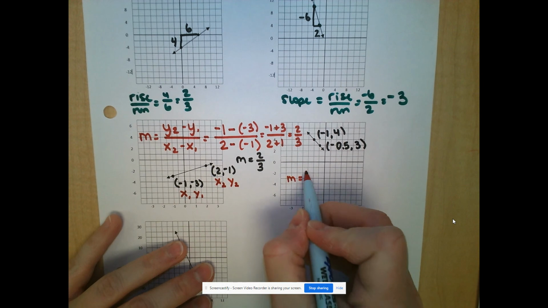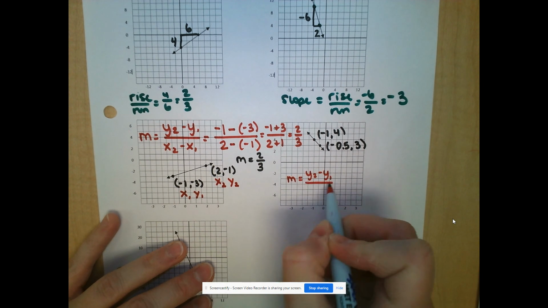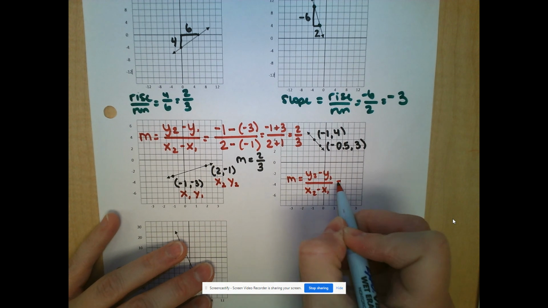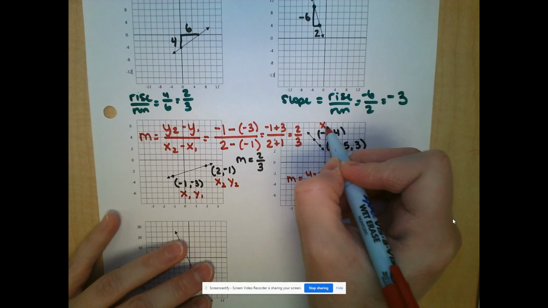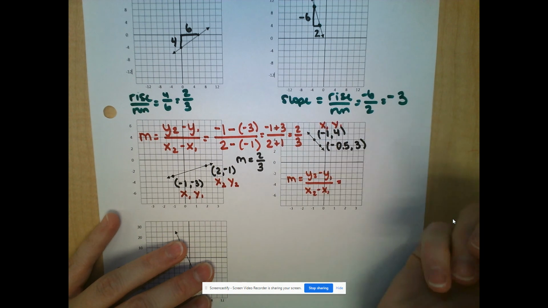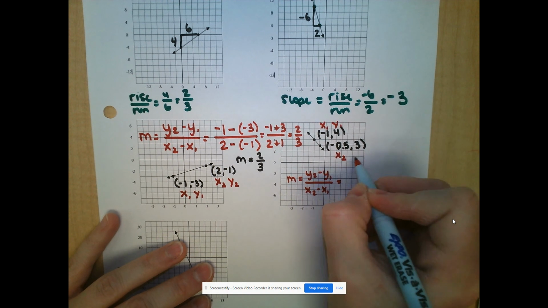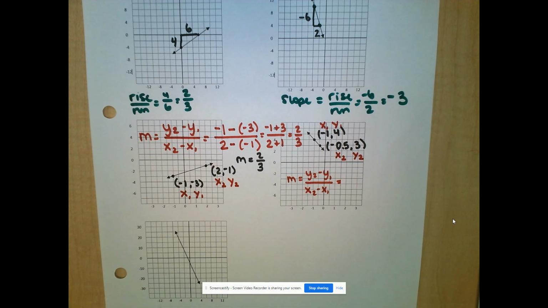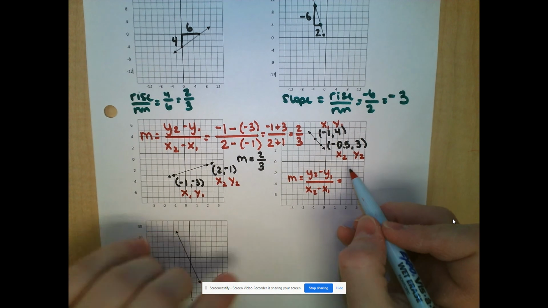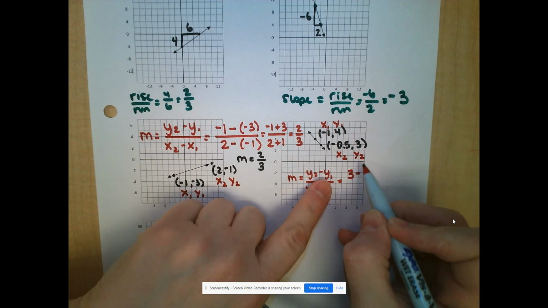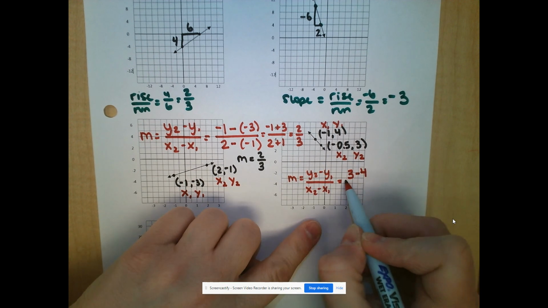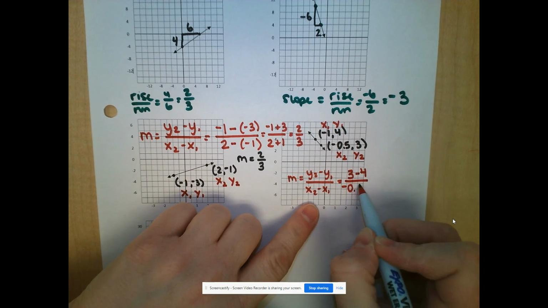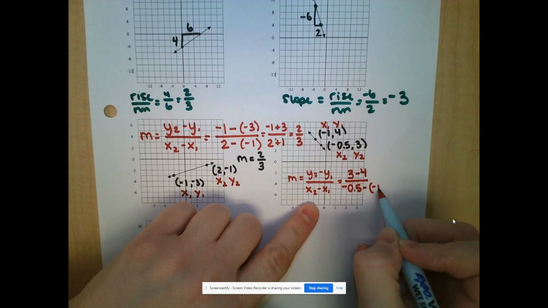If the slope is y2 minus y1 over x2 minus x1, I'm going to say this is the x coordinate of the first point and the y coordinate of the first point. This is the x coordinate of the second point, and this is the y coordinate of the second point. Now, after you've been doing it a while, you probably won't need to write that in. So the y2 minus the y1 over the x2 minus the x1.